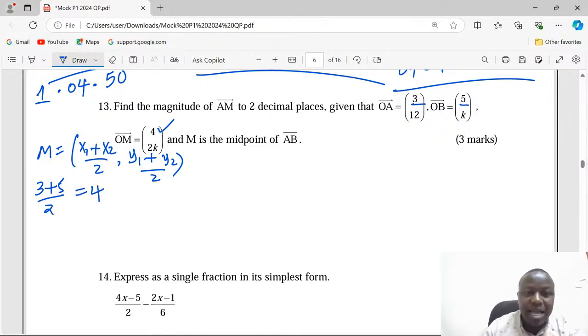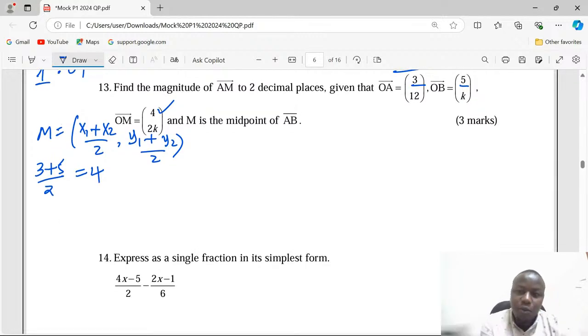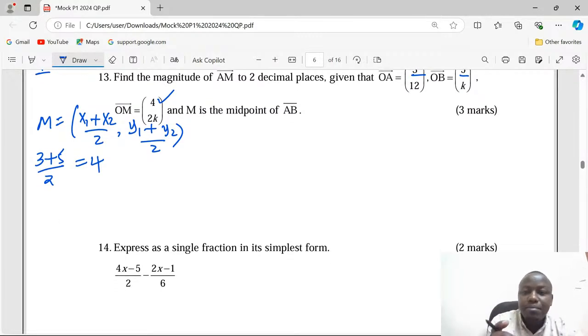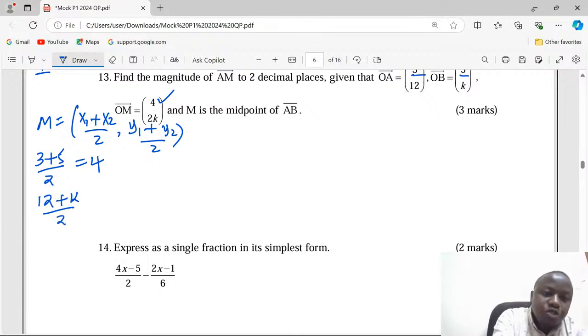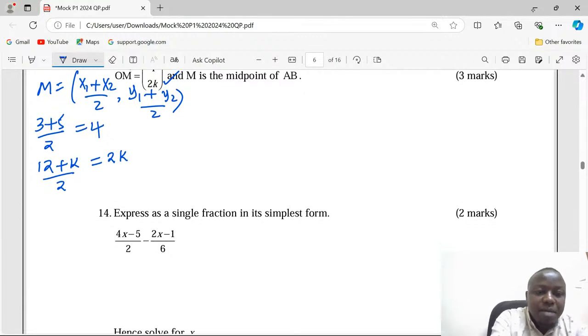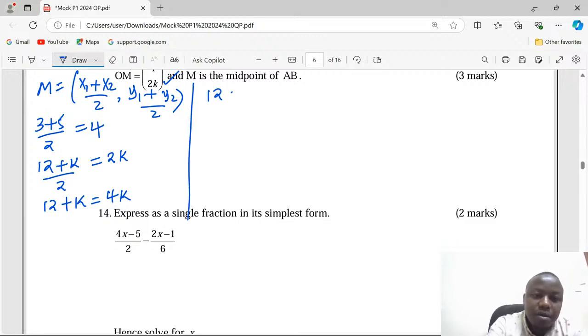Then on the y component, we shall apply the same to confirm our value for k. So 12 plus k divided by 2 should give us 2k, the coordinate that we have here for M. By cross multiplying by 2, we shall have 12 plus k being equal to 4k, so that 12 is equal to 3k, and the value of k equals 4.